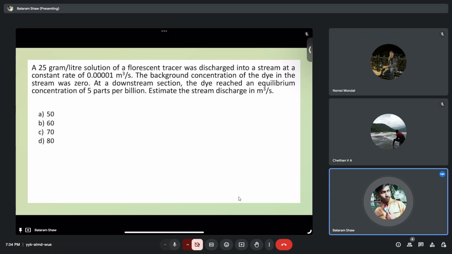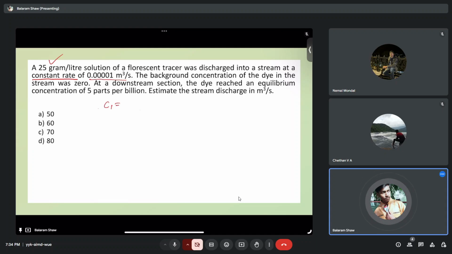Next question is, 25 gram per liter solution of a fluorescent tracer is discharged into a stream at a constant rate. So it is a constant rate injection method, right? And the constant rate is how much? 0.00001 meter cube per second. So we have the concentration here.